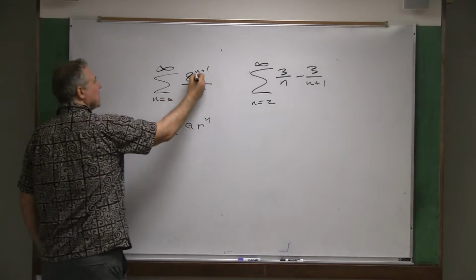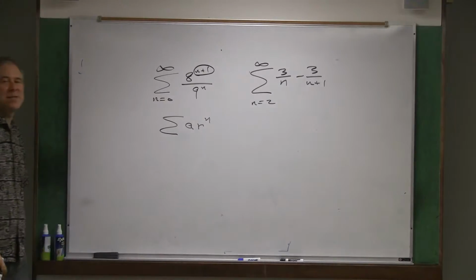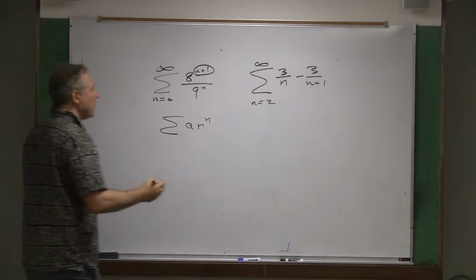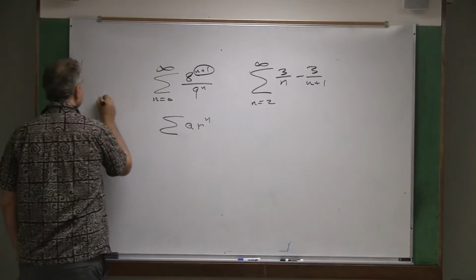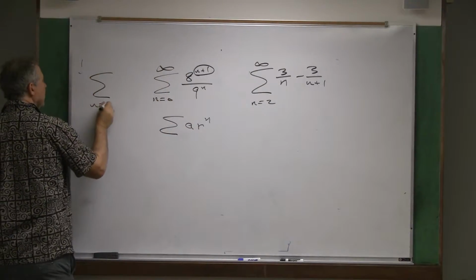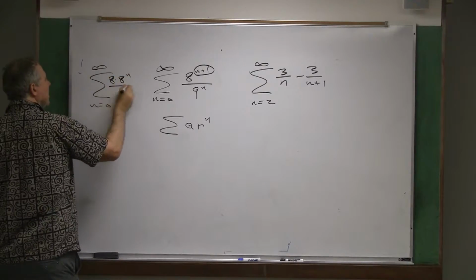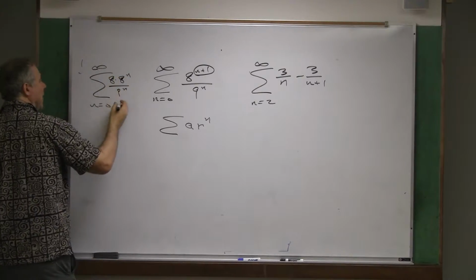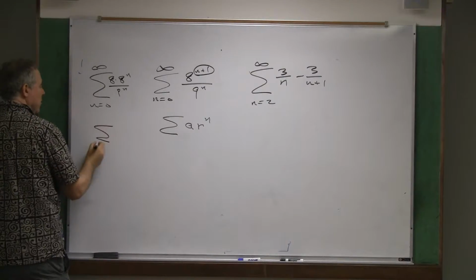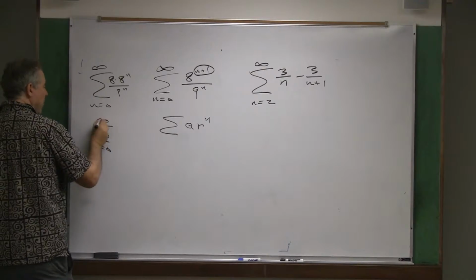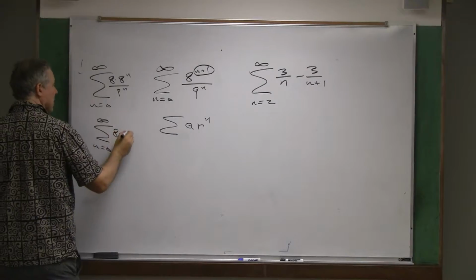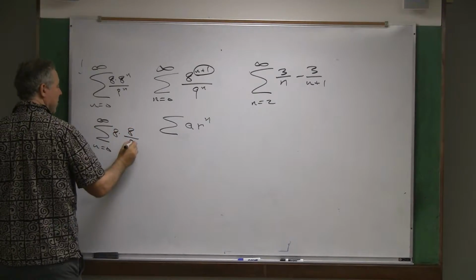So what do you do with this n plus 1 as an exponent? Think of it as 8 to the n times 8. So you make this the sum from n equals 0 to infinity of 8 times 8 to the n, divided by 9 to the n. We're just doing a little algebra, and then you do another little rule that you learn in one of those classes like Math 1101.